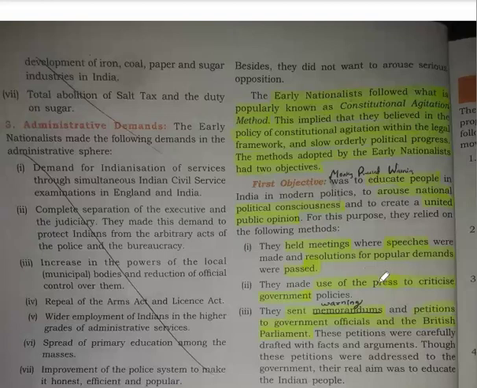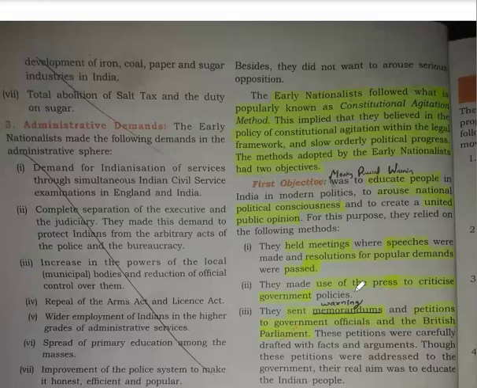They also made use of the press to criticize the government. Government means none other than the British. As they made speeches, they even used the press to go against the government, against the British Crown. And they sent memorandums and petitions to government officials and the British Parliament, in the sense of the British Crown or British people.